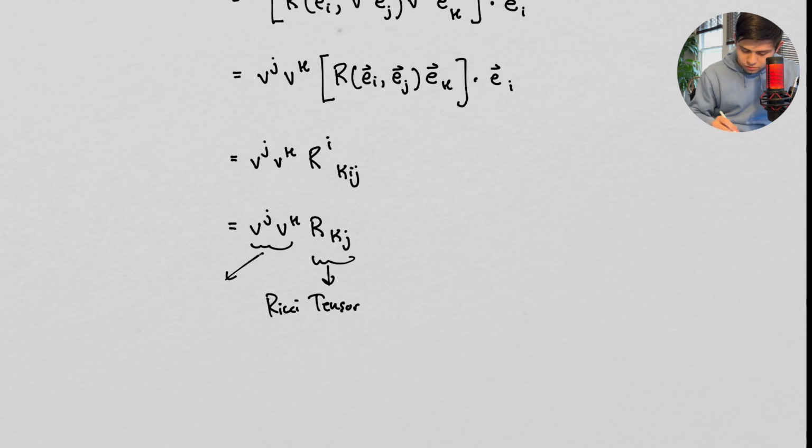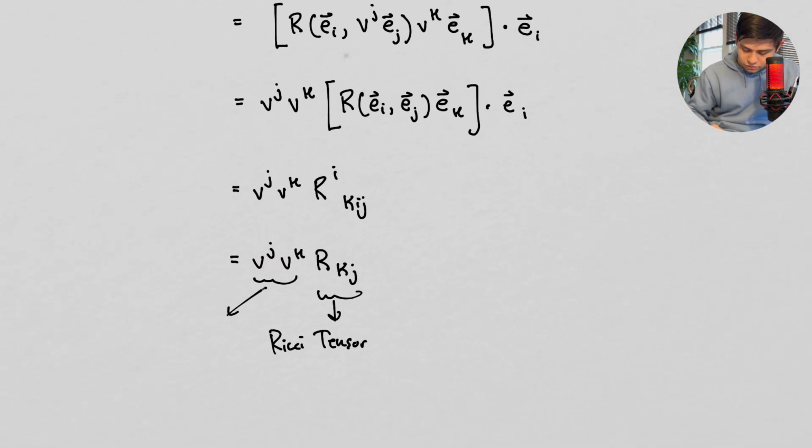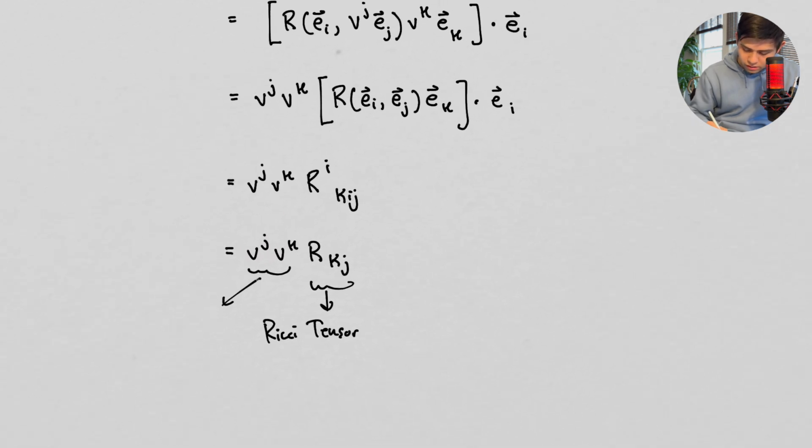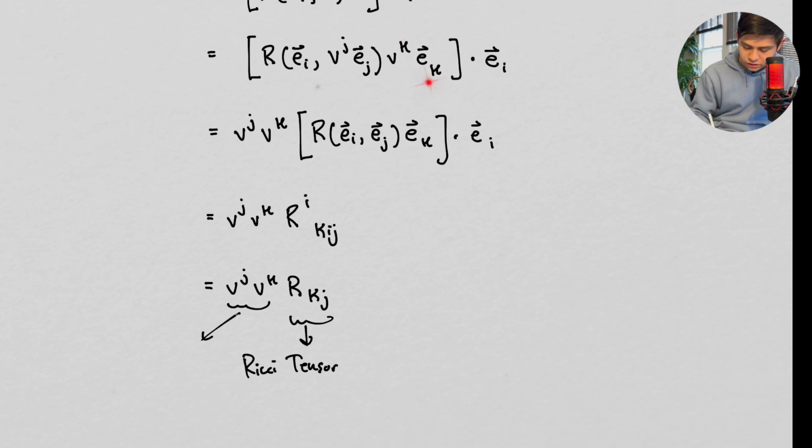Right, these two vectors, not the two directions. So one of these is going to be the vector we actually are transporting. And then the other one, VK, right, VK is the one we're transporting. VJ is one of the directions.